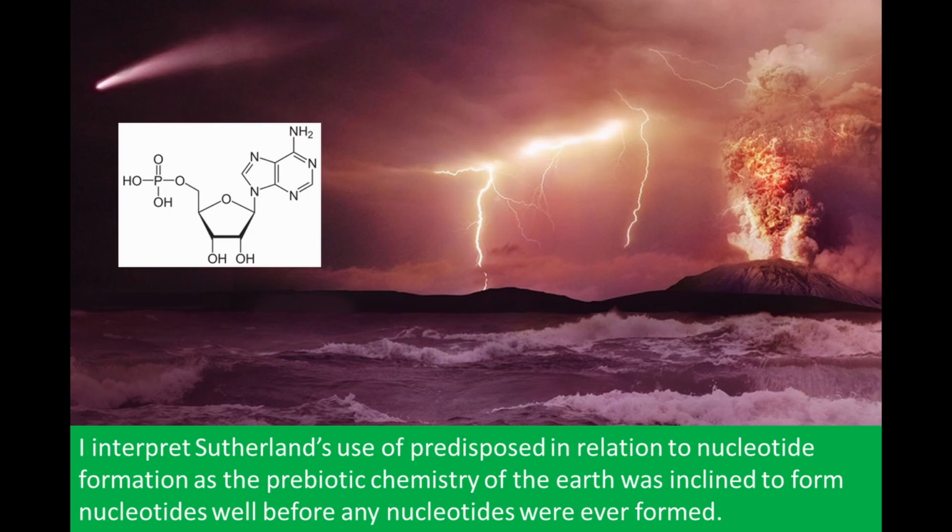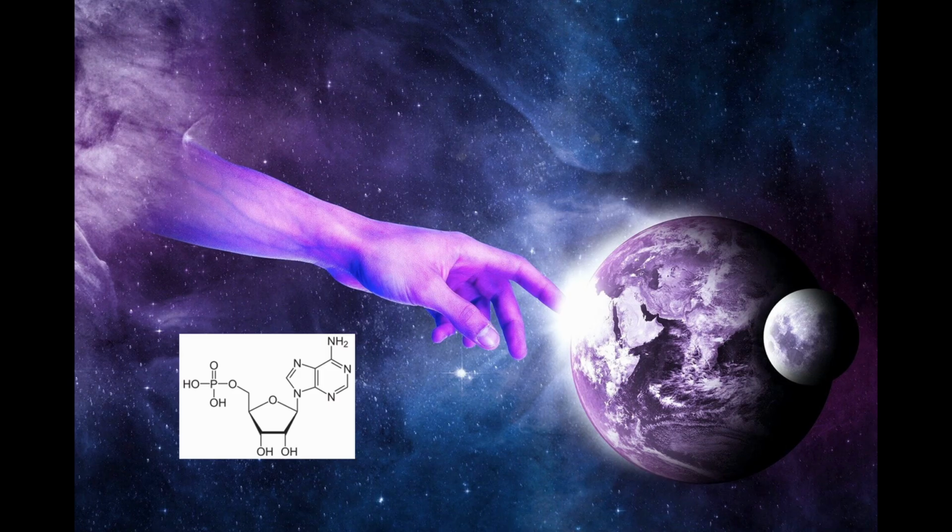I interpret Sutherland's use of predisposed in relation to nucleotide formation as the prebiotic chemistry of the Earth was inclined to form nucleotides well before any nucleotides were ever formed. If that is the case, a creationist could reasonably argue that a creator created the Earth to create nucleotides that in turn could create life. Maybe God did create Earth for the purpose of creating life.